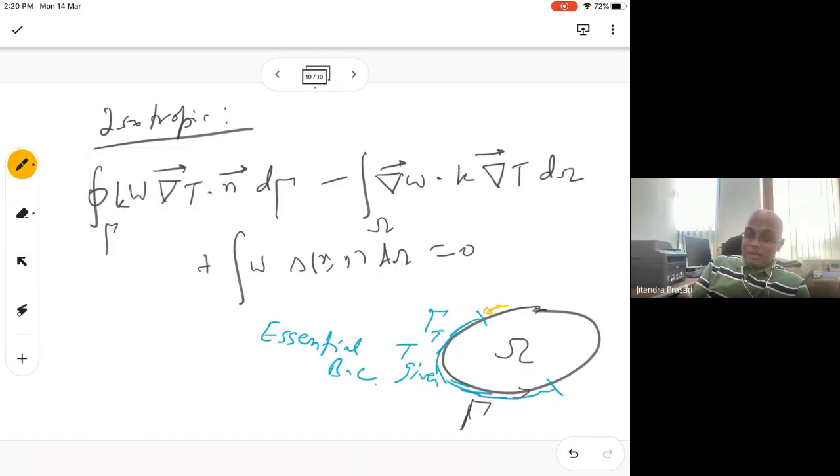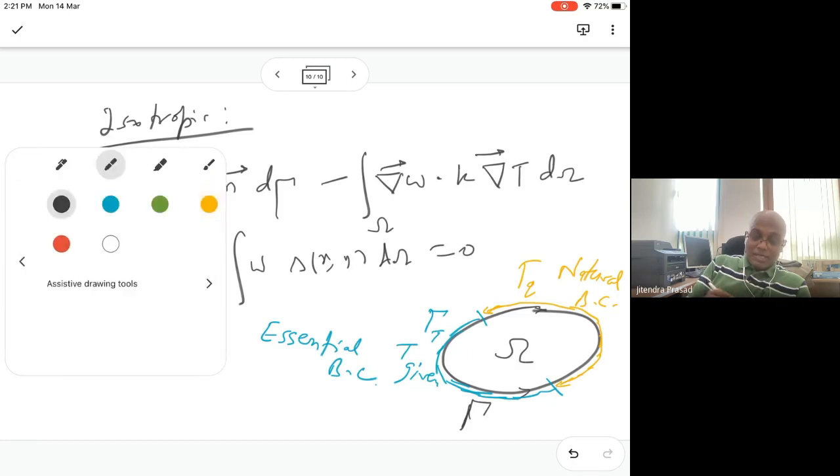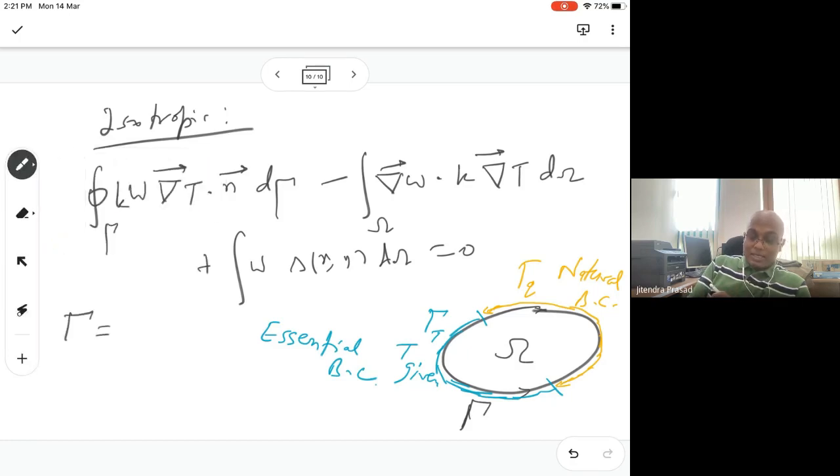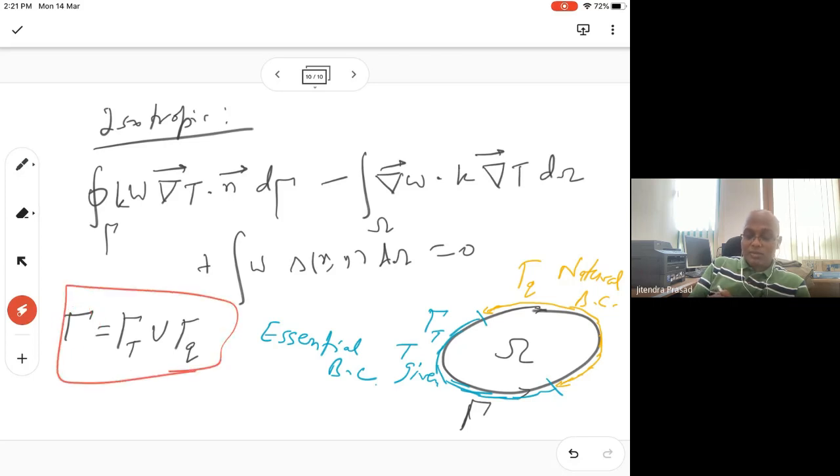Wherever temperature is not given, you have to give Q, let's call it gamma Q, and this is what you call the natural boundary condition. It means Q is given. So the total gamma has two parts, gamma T and gamma Q, and it is the union of both of them.